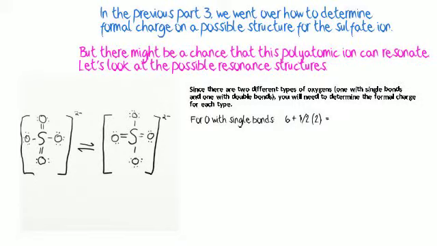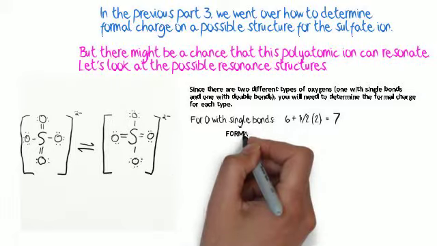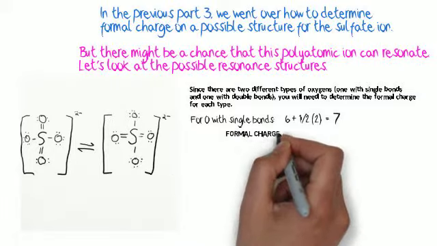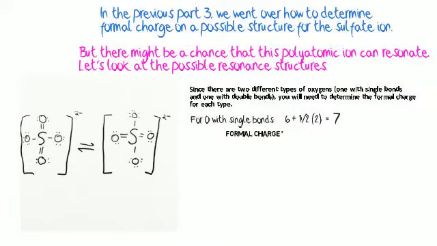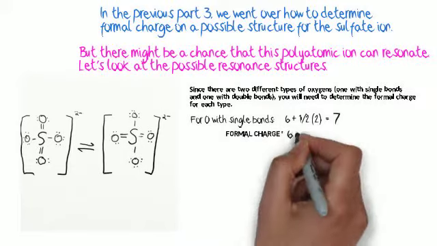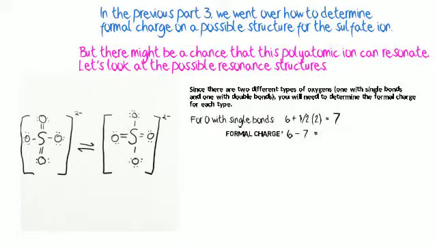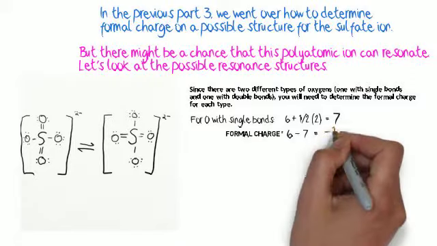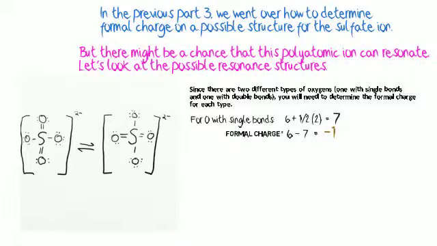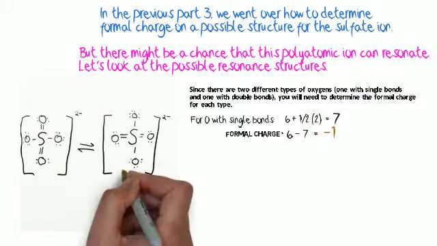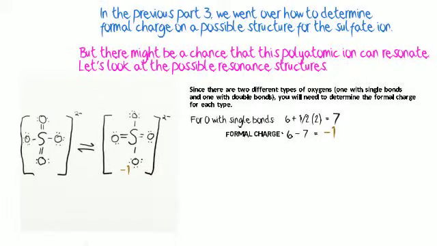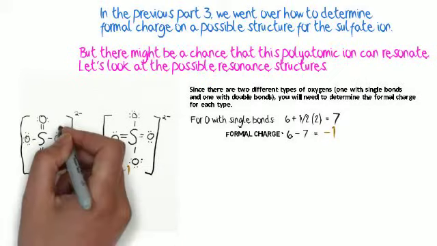To figure out formal charge, we consider the free atom of oxygen has 6 valence electrons, minus the 7 from above gives us a formal charge of -1. And so each single bonded oxygen will have a -1. I didn't put one on each one, but there it is. You should know that each single bonded oxygen has a charge of -1.